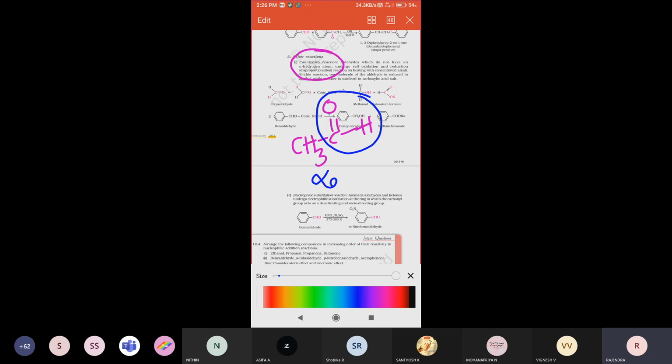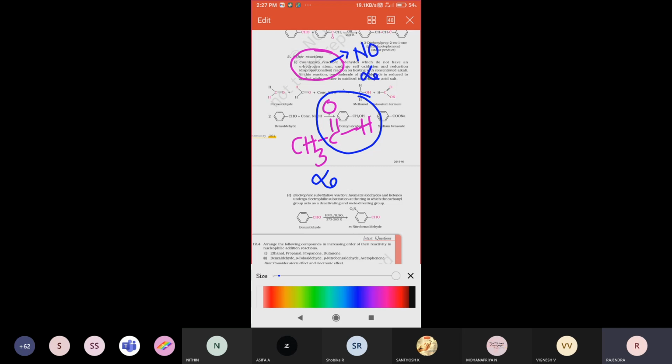So acetaldehyde, whether it participates in the Cannizzaro reaction or not? I already told you that in the Cannizzaro reaction, no alpha hydrogen atom is required.